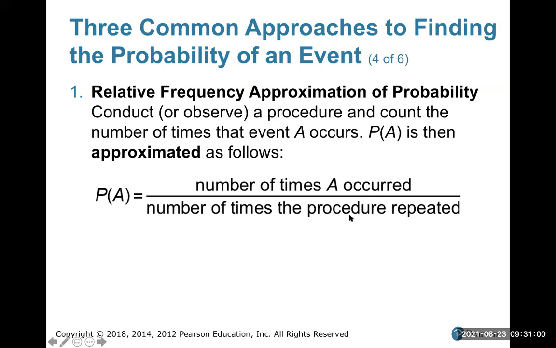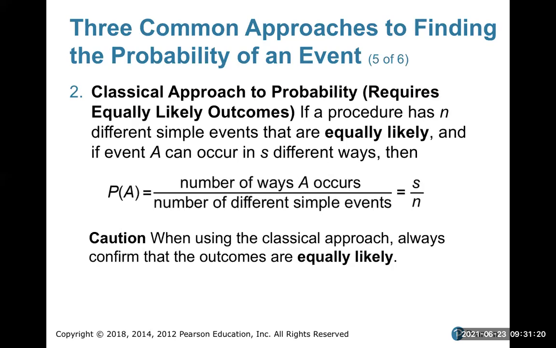So basically favor over total. Again, the classical approach would be the number in our favor divided by the total, which is pretty much the same thing.